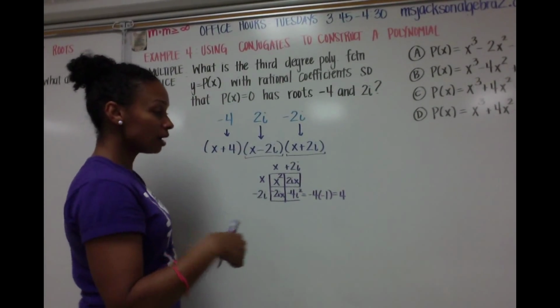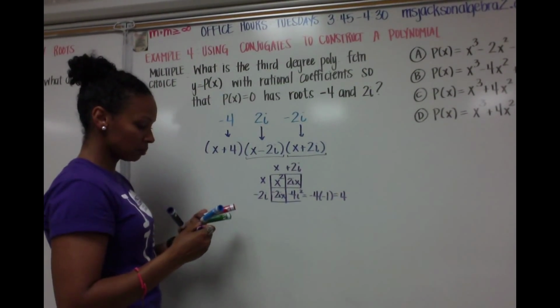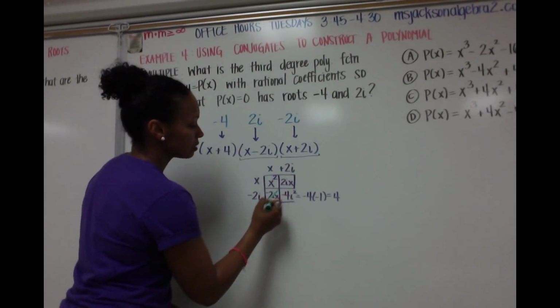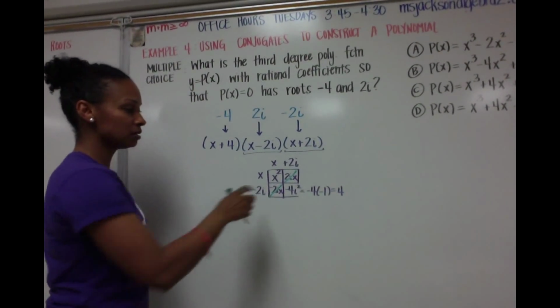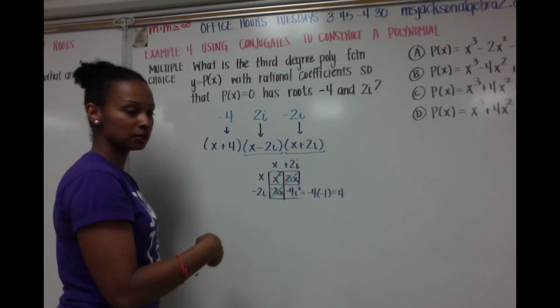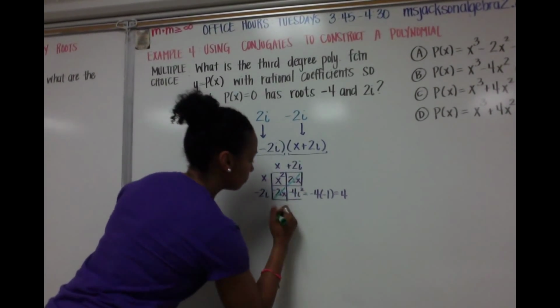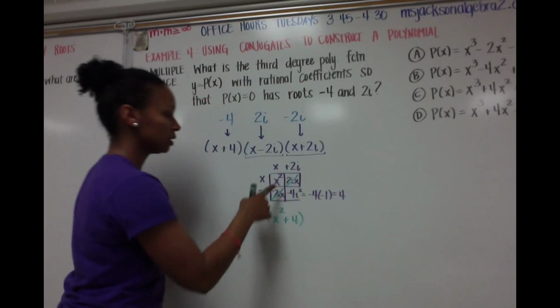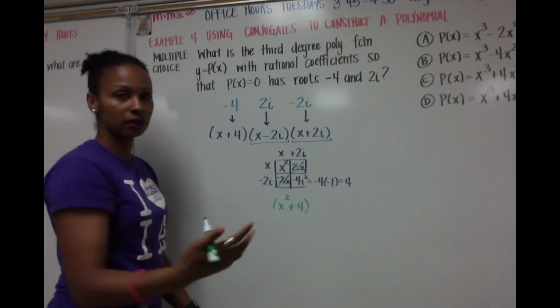Now let's simplify our box. These two cancel because -2ix plus 2ix cancel, and we're left with x squared plus 4, because our x squared and our 4 can't be combined.